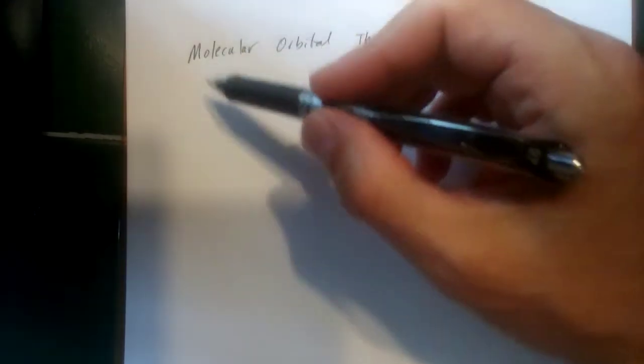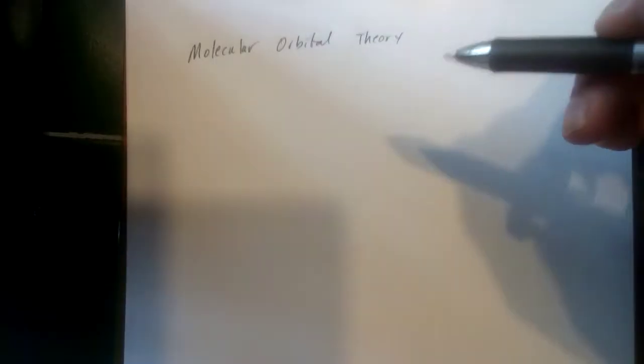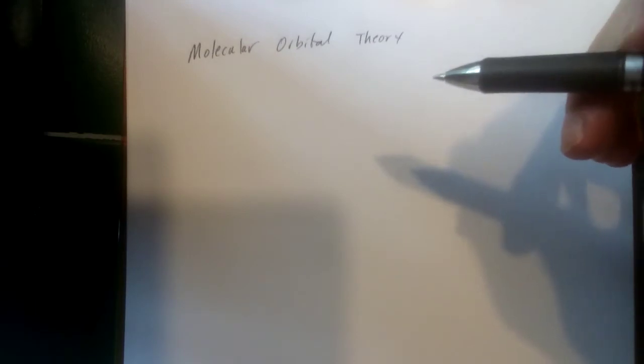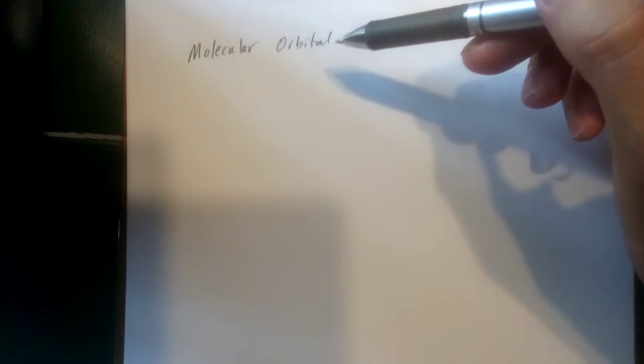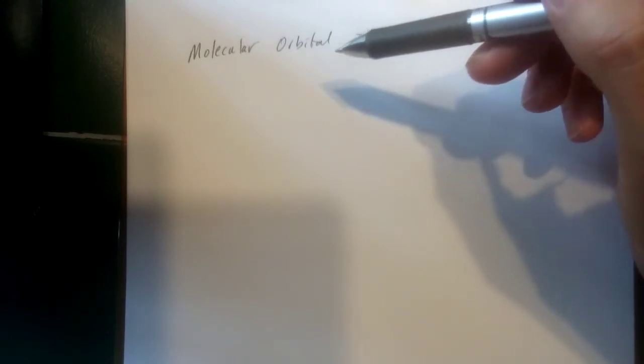So as you progress into chemistry, molecular orbital theory becomes a fairly important idea. Particularly those of you who go on to organic chemistry, you'll get a reintroduction to this at the beginning of your organic chemistry class. That's part of the reason why I don't feel like we should go too deep into molecular orbital theory.